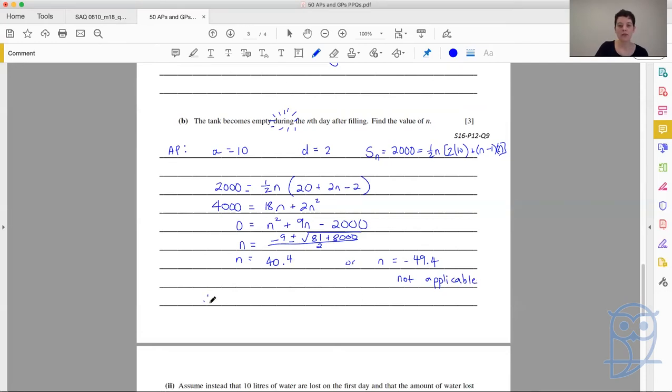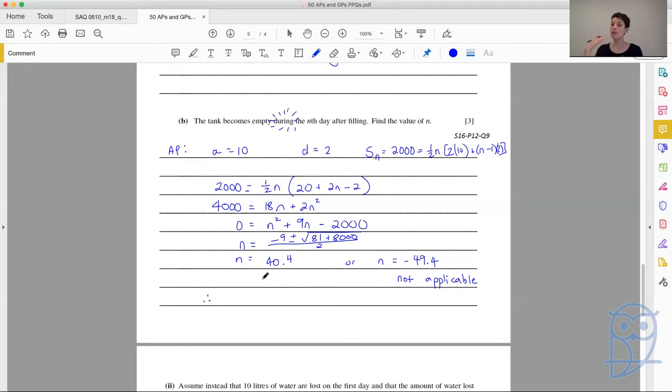So now we have to consider during the nth day after filling, and we've got n equals 40.4. So is this now the 40th or the 41st day? If we round it, it's 40, but rounding is not going to help us in this case. We need to turn brains on. So 40.4 means that at the end of the 40th, we weren't there yet.